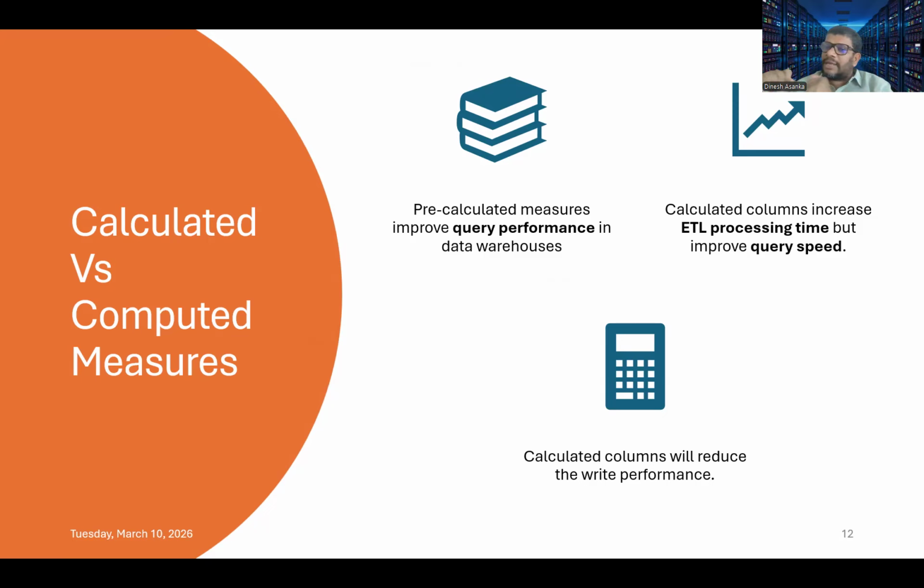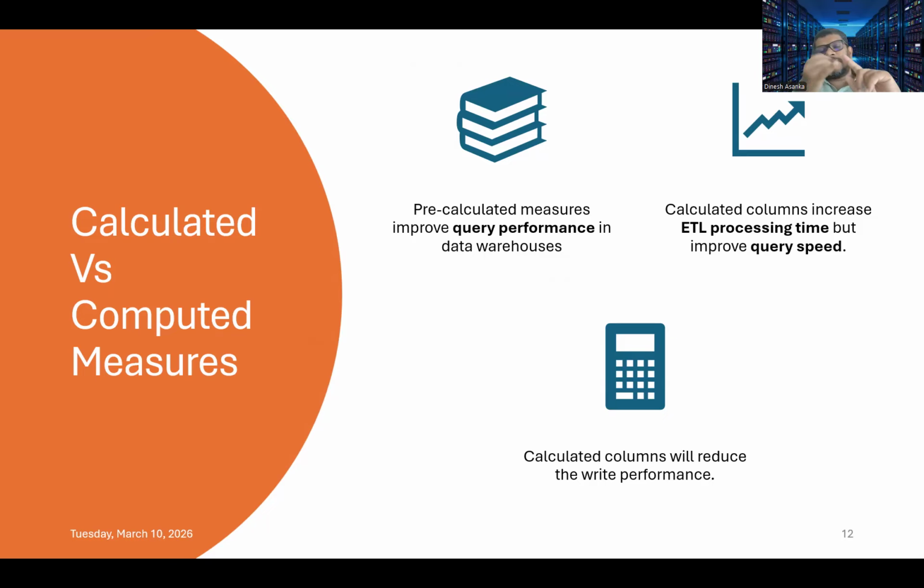But when it comes to data warehousing or analytical platforms, you need a large number of reads. If you start to calculate them as and when needed, then the query performance will be slower. So remember, in data warehousing we are looking at a high number of reads. Therefore, in data warehousing, we save a large number of the calculated values.